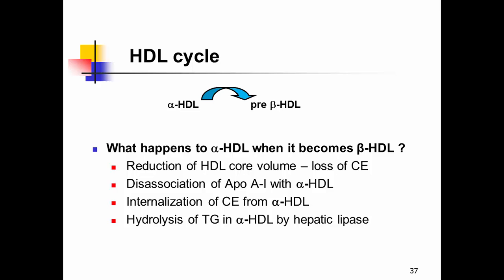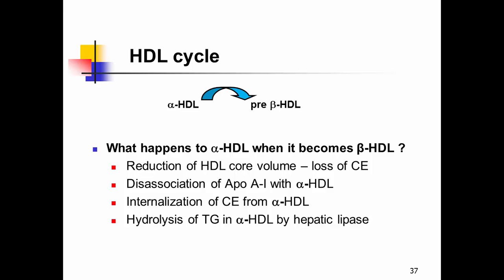Okay, so what happens to alpha HDL when it becomes pre-beta HDL, right? So alpha HDL, we know, has a lot of core lipids, cholesterol esters, and pre-beta HDL basically is lipid poor, right? Almost no or little lipids in the core.